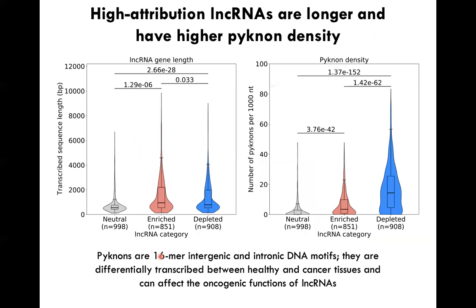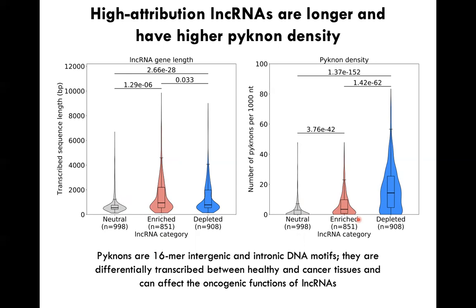And last, we observed that long non-coding RNAs that are enriched or depleted in cancer are much longer in terms of transcript length than the neutral set. And they also have a higher picnon density, shown here on the right. If you're not familiar with picnons, these are 16-mer intergenic and intronic DNA motifs that are sometimes differentially transcribed in some cancer types, and that can also affect the oncogenic properties of long non-coding RNAs.